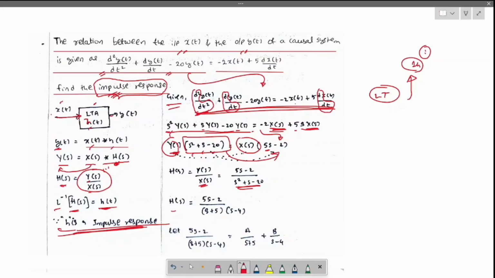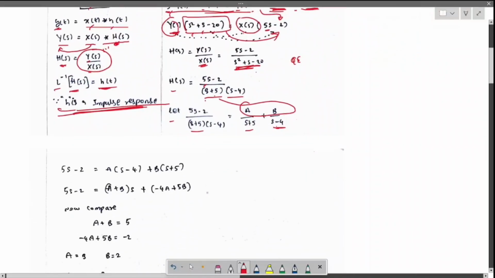Now h(s) is a quadratic equation, right? Find its roots. When we simplify this, we will get (s + 5)(s − 4), with the numerator remaining as it is. Let us take this as individual terms, a by (s + 5) and b by (s − 4). Now let us find a and b.